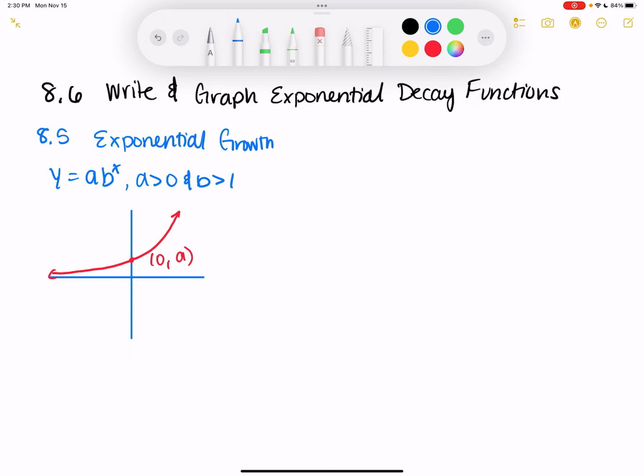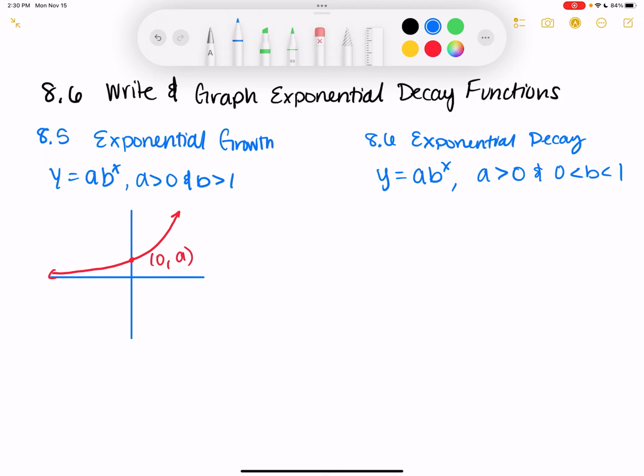But now in 8.6, we are getting exponential decay. Still y equals a times b to the x. A still has to be greater than 0, but now 0 is less than b is less than 1. So b is now a fraction between 0 and 1.